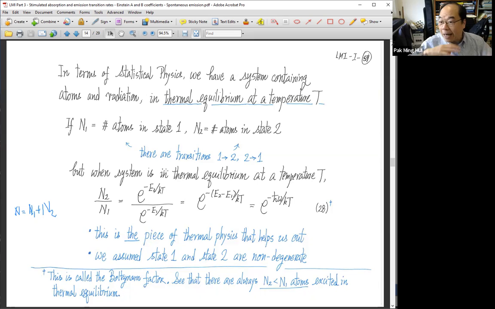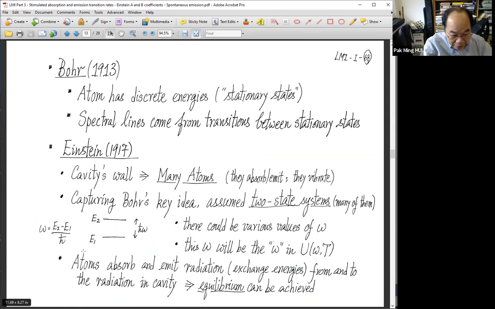It is a dynamical equilibrium situation. One group is the atoms in state 1, and the other is the atoms in state 2. So there are N1 atoms in this state and N2 atoms in this state.